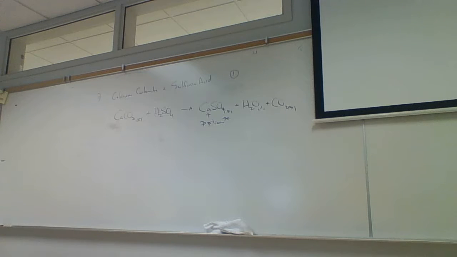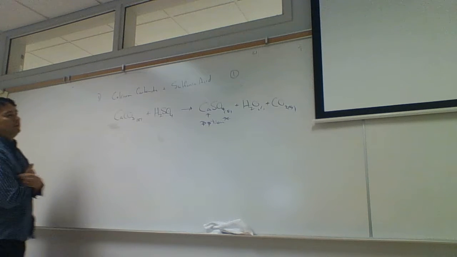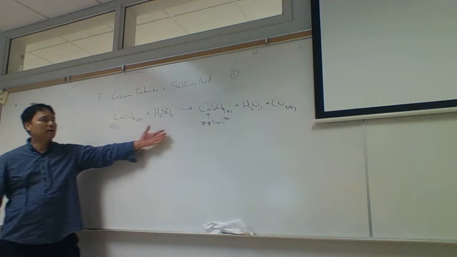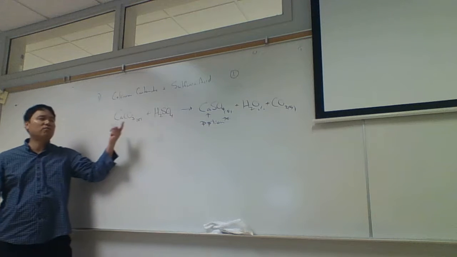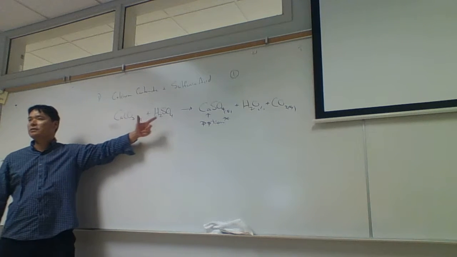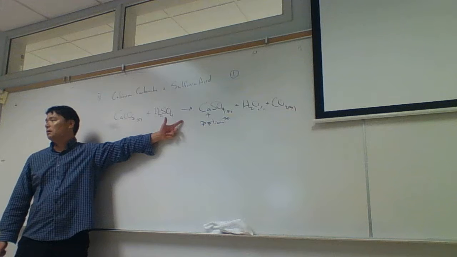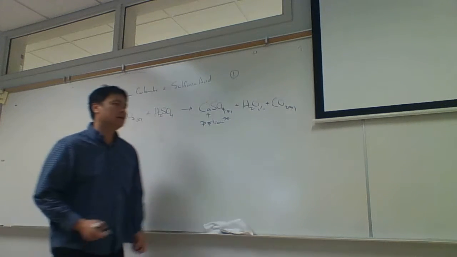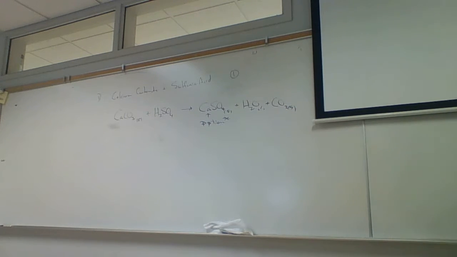Yeah. So you remember. The reason that you can't automatically call this a precipitation is because we have one solid versus another solid. Do you see that? We could see that in a case like this. Let me do this.